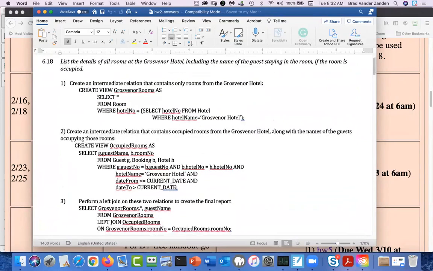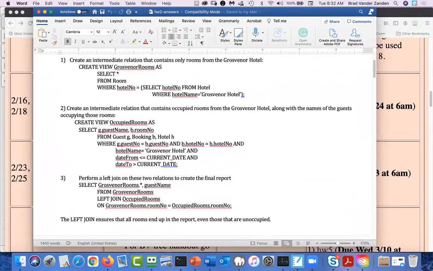And some of you did something that was very subtly incorrect, but had important ramifications. When you were checking to see if a room was occupied, the correct way is that the date from is less than or equal to the current date, and the date to is greater than the current date.